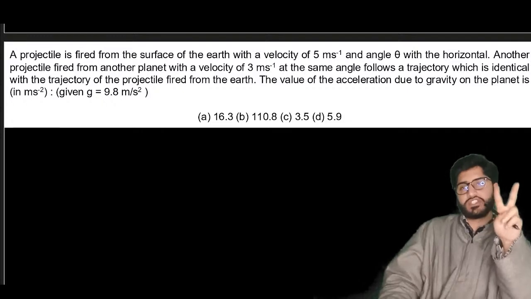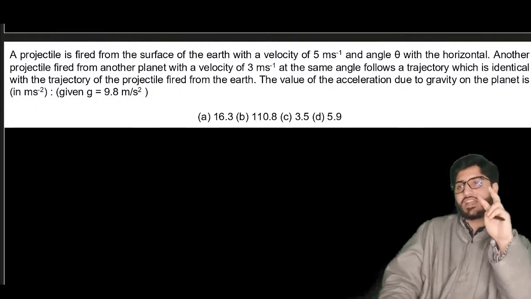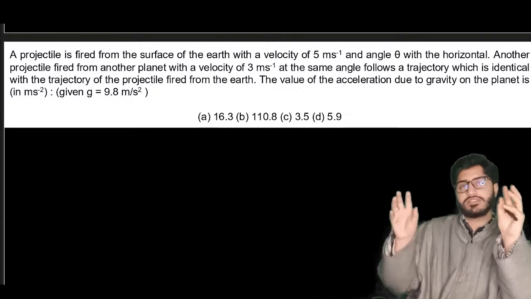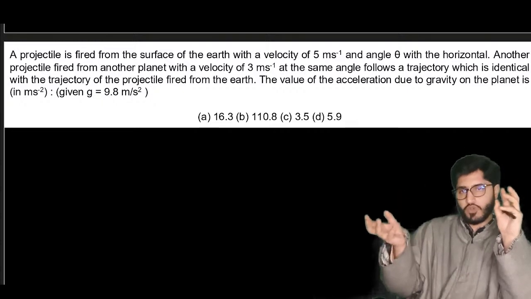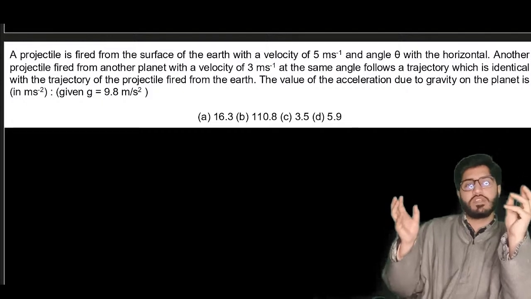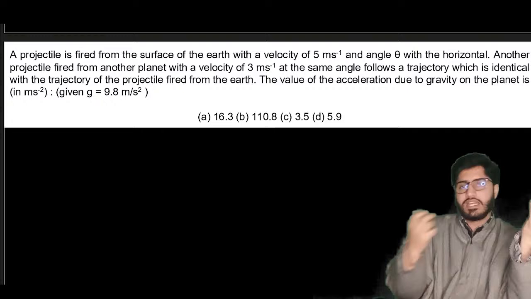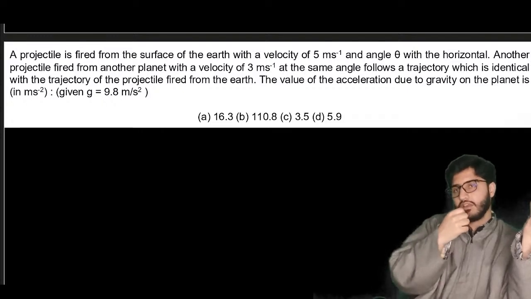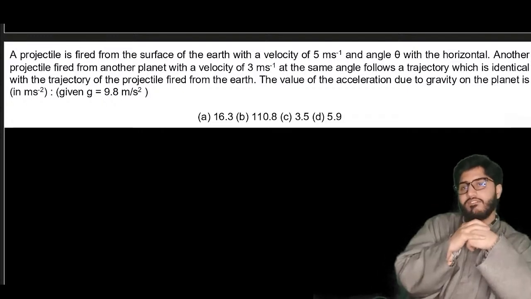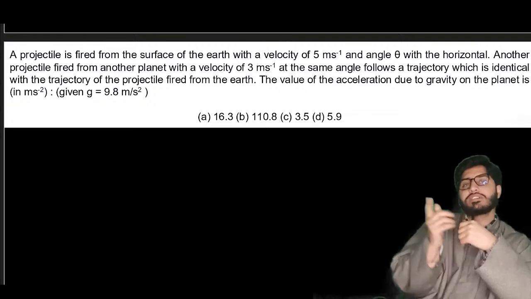There is a change in velocity, but the angle is the same, and it follows a trajectory identical to the trajectory of the first projectile. That means the trajectory is the same in both cases. One is on the surface of Earth, the second is on a different planet. We have to find the value of acceleration due to gravity on the second planet.